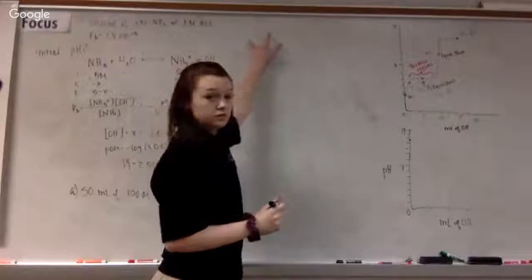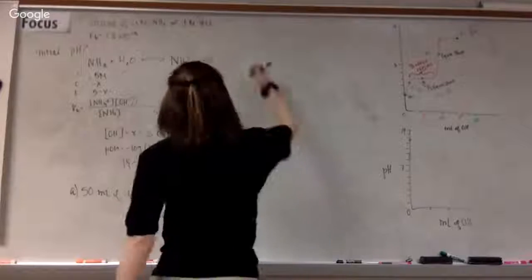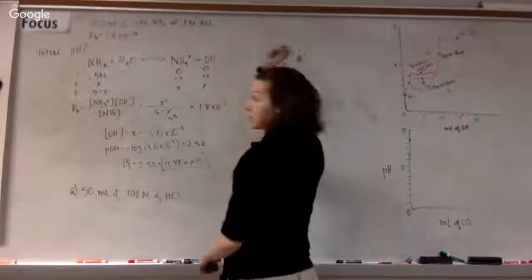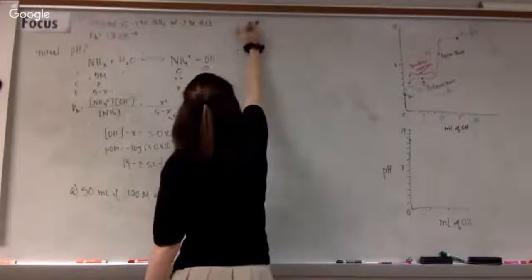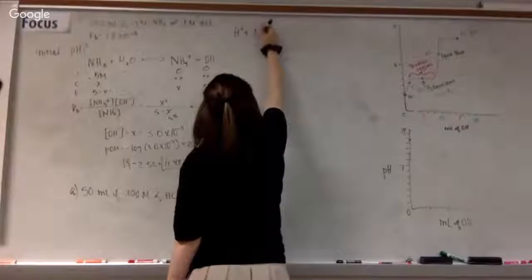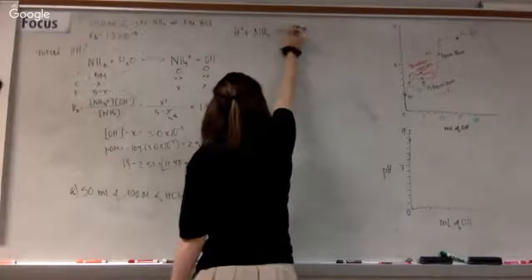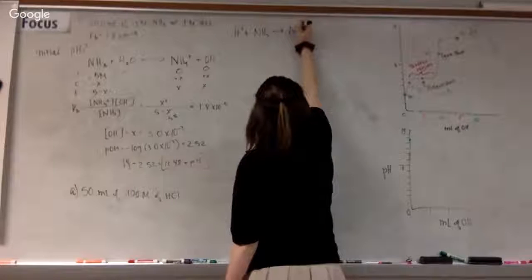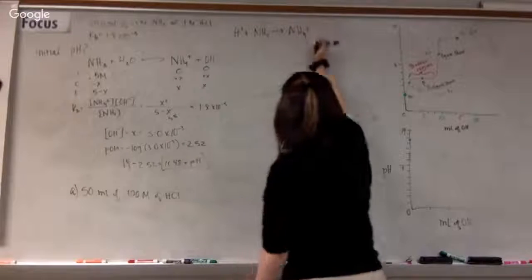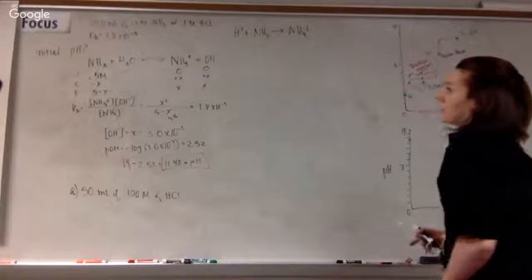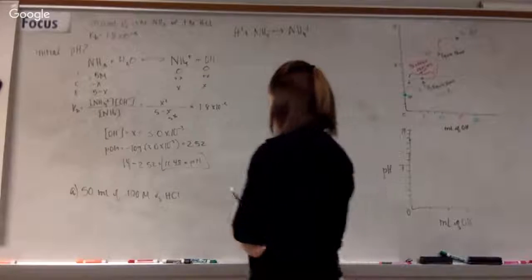H+ plus NH3 goes to NH4+. Does everyone see how that's the big dog in this case? Because HCl is the big dog attacking the NH3.